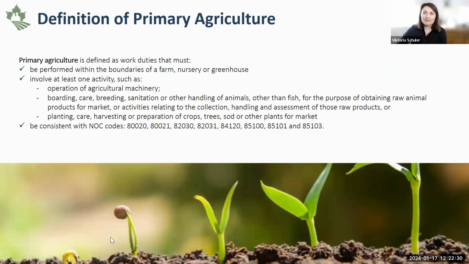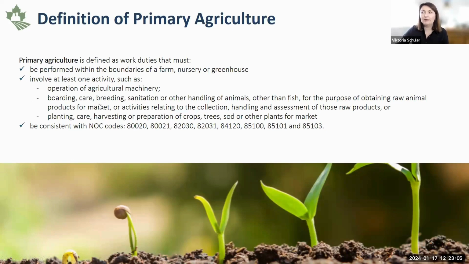And so, starting with the basics, the first step is to define whether your occupation is in primary agriculture or not, because primary agriculture occupations have a lot of exemptions, and the process is more straightforward. Primary agriculture is defined by the work duties, and it means that the duties must be performed within the boundaries of the farm, nursery, or greenhouse.